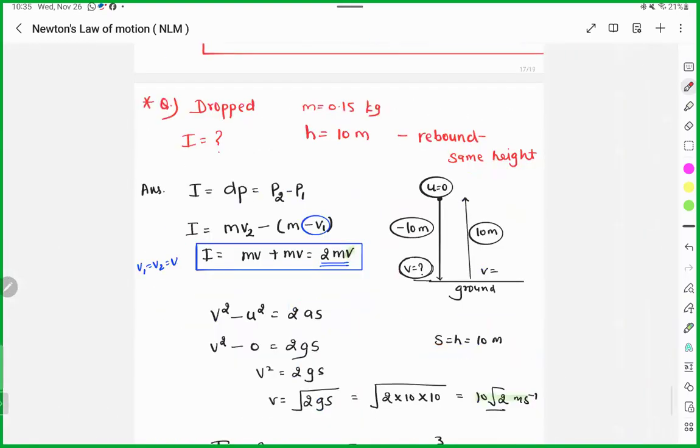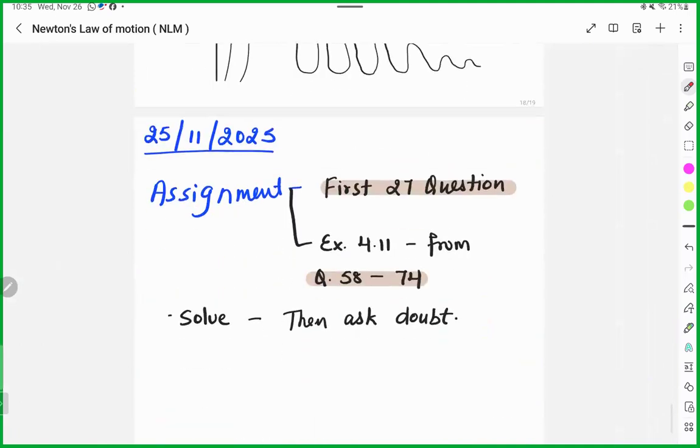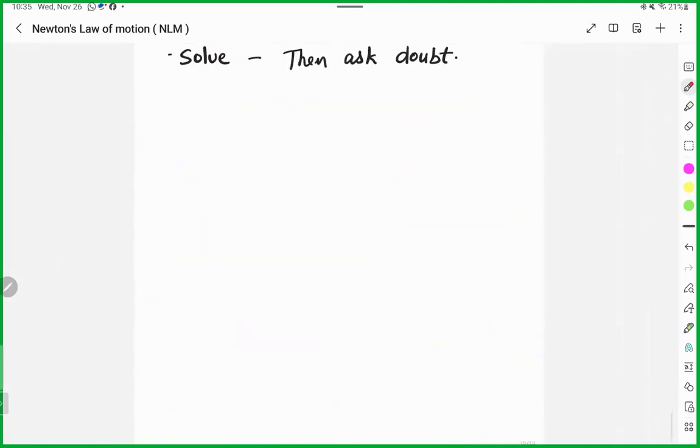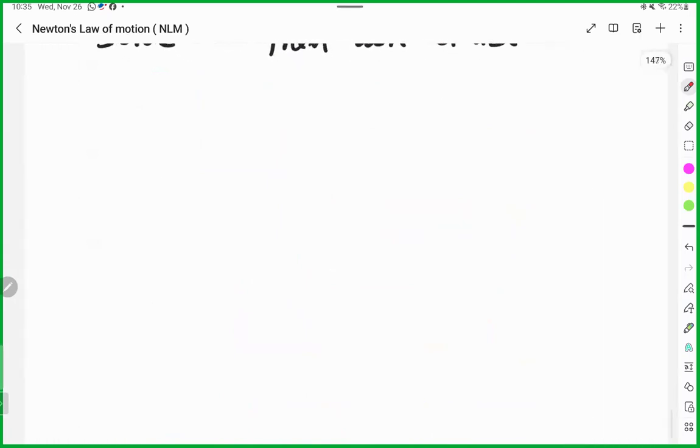So now we are almost done with it. Only the last topic is left and then we can solve questions of this chapter. Remember, when I say we are done with it, we are never done without questions. In questions, we might come up with a new topic. You might see your coaching notes or material and say, sir, this topic is not taught.